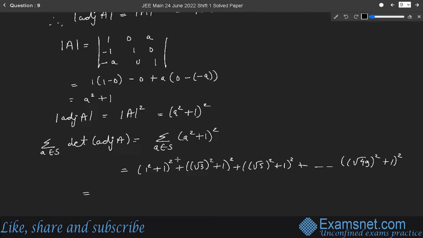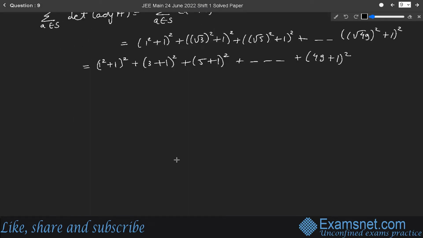So this will be equal to (1 square plus 1) whole square plus (3 plus 1) whole square plus (5 plus 1) whole square plus so on up to (49 plus 1) whole square.